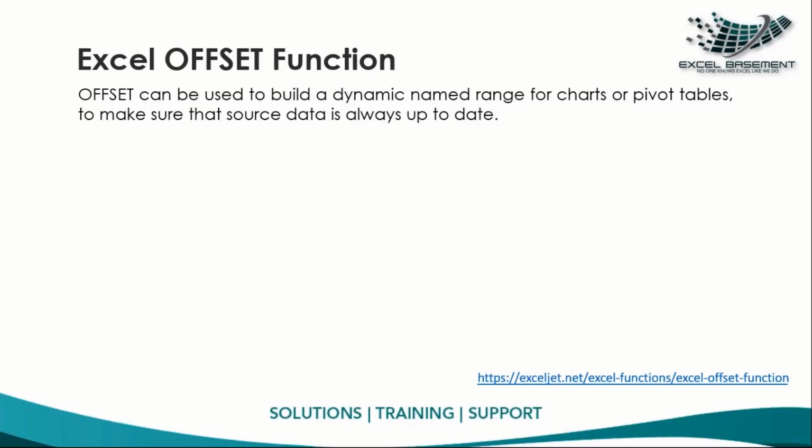Now the usage: where can we use this function, and what is its main purpose? The first usage is that OFFSET can be used to build dynamic named ranges for charts or pivot tables. If you want to make dynamic named ranges for charts or pivot tables and need to update them always, you can use the OFFSET function.